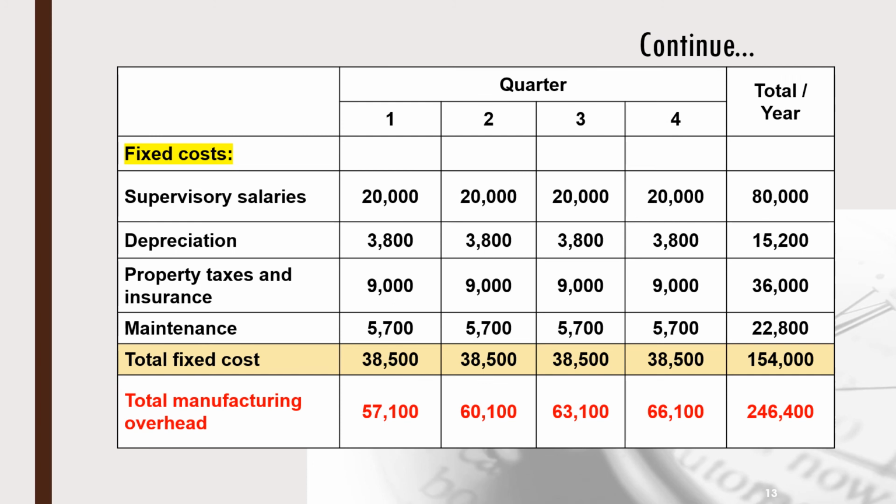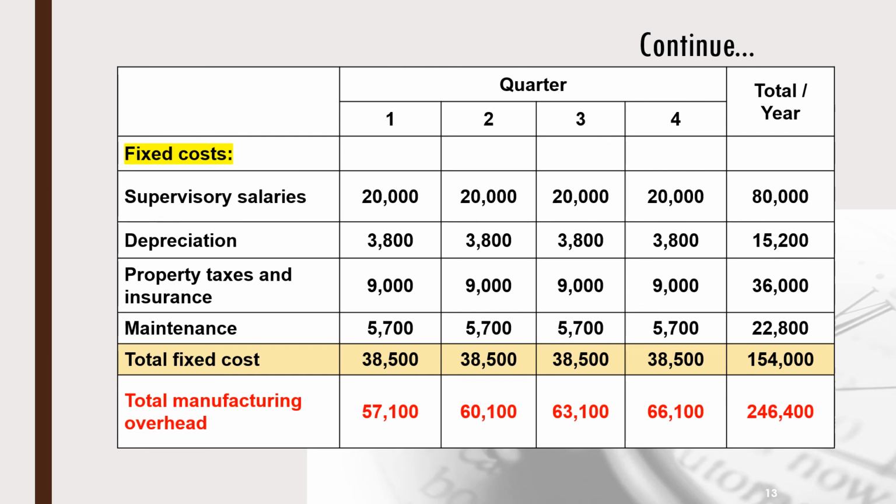So, to calculate the total manufacturing overhead equals total variable cost plus total fixed cost. So, we get that for quarter 1, the total manufacturing overhead equals 57,100. For quarter 2, 60,100. For quarter 3, 63,100.